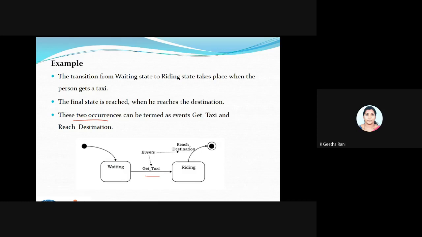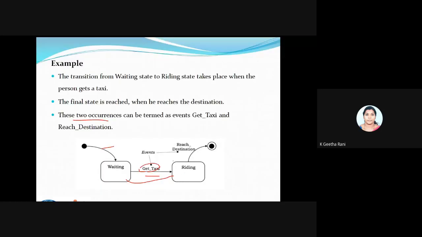So this is the way of writing your events in a diagram. Obviously this circle will be the initial state, this will be the final state, and all this will be the transitions. When he is waiting for a taxi and he gets a taxi, he changes from this state to this state, so the event is getting a taxi.